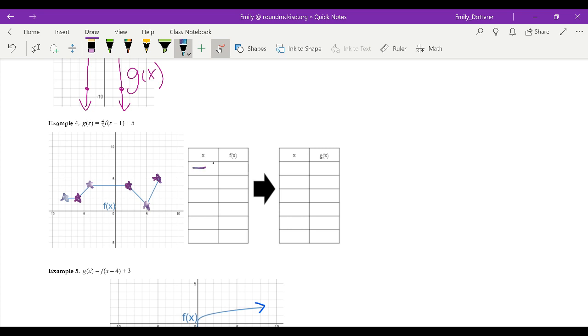So we have the point -8, 2, -6, 2, -4, 4, 2, 4, 5, 1, and 7, 5.